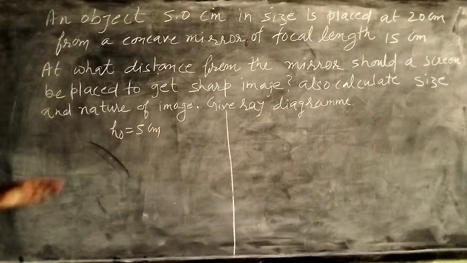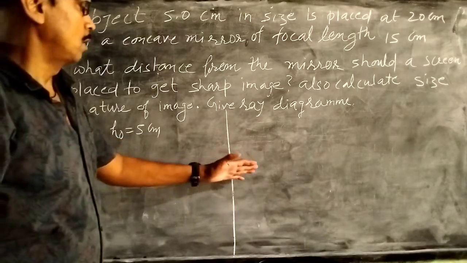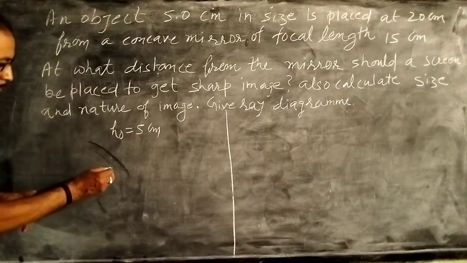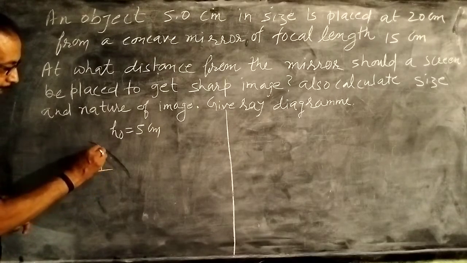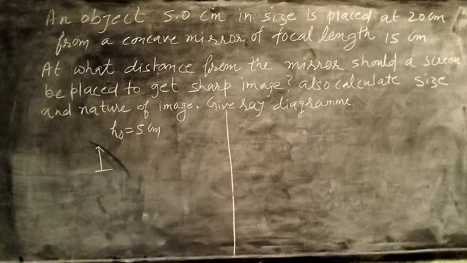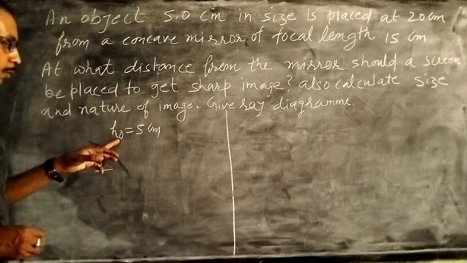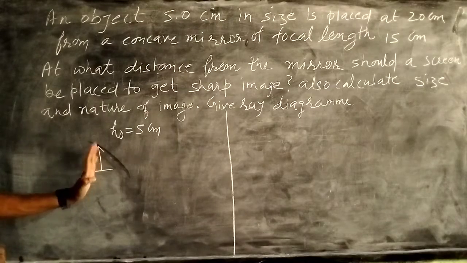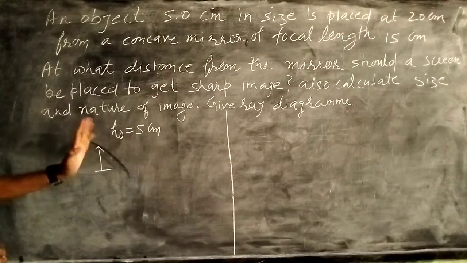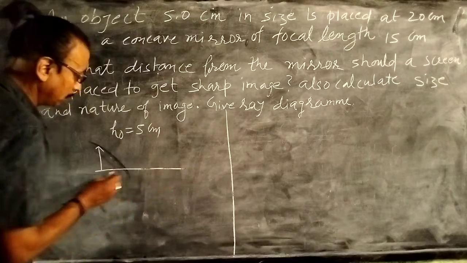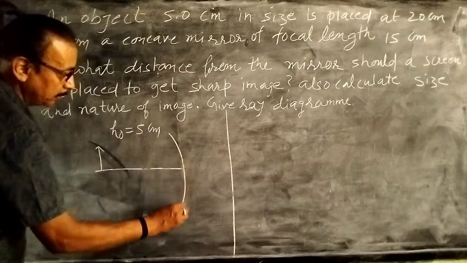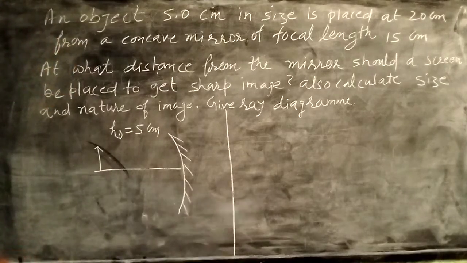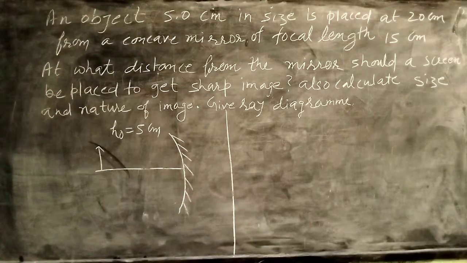Generally, the object is placed to the left of the mirror and the object is put upright. So HO will be plus 5 cm, means positive. We measure such values upward. Suppose this is the principal axis, we will measure upward from it, here is the mirror. This means that the size of the object has to be taken positive.